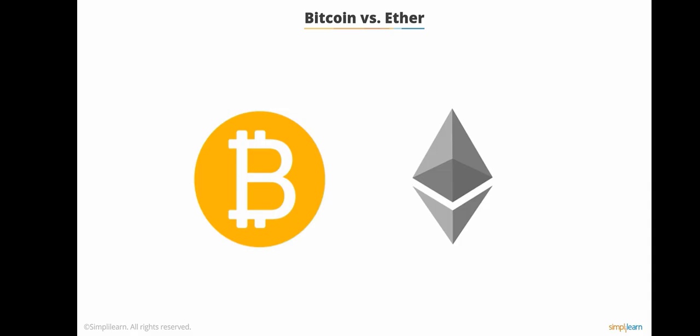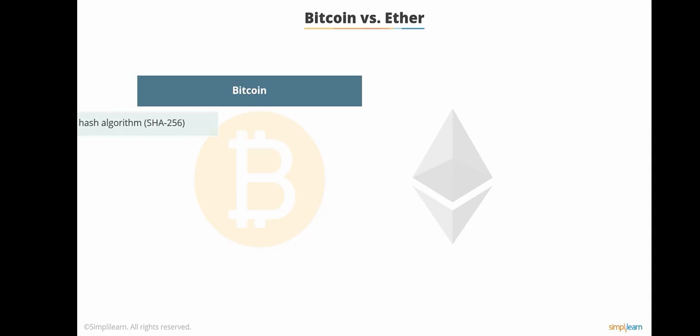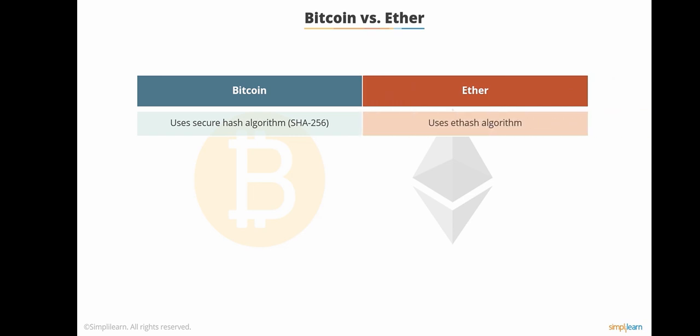Bitcoin versus Ether. The first difference is in the hash algorithm used by these cryptocurrencies. While Bitcoin uses SHA-256 to encrypt blocks of the blockchain, Ethereum uses Ethash to encrypt blocks. Technically, both are one-way cryptographic hash functions.